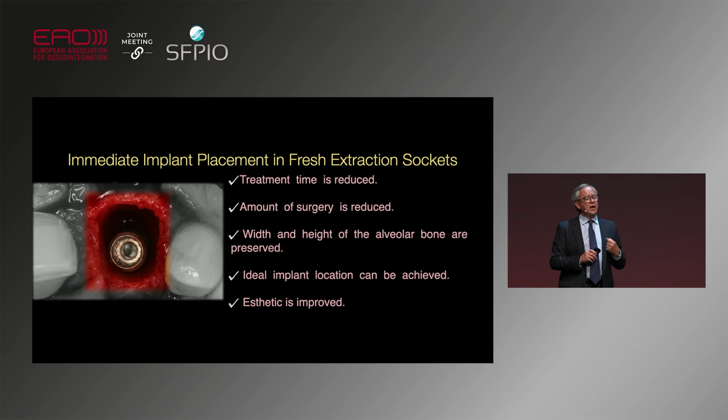And this is why I fully recommend that all these cases should be done guided, because this situation is critical, and it's not easy since I have to drill in the palatal wall of the extraction socket, so the stability of that drilling must be assured by the appropriate guidance during the surgery.